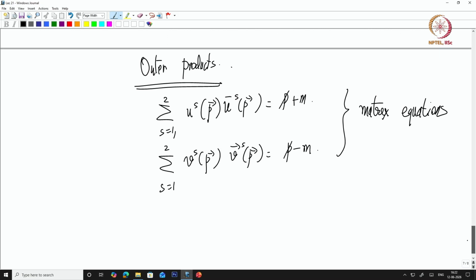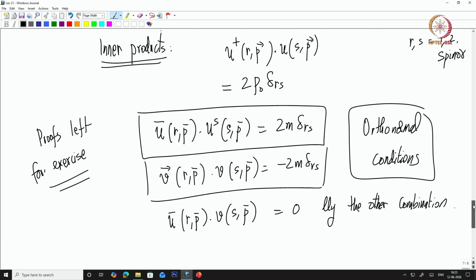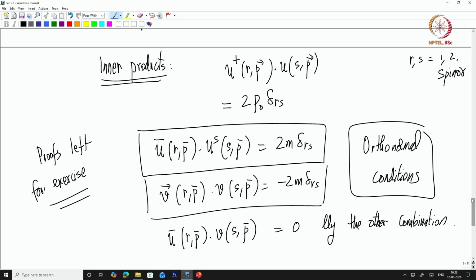These are matrix equations. Now, remember in the massless case, ū is an independent thing and v̄ is an independent thing, they do not get related. Only with the mass term do they get related with each other.